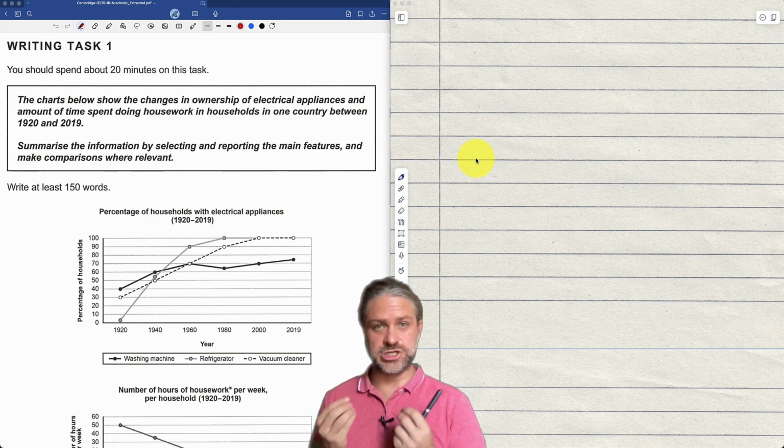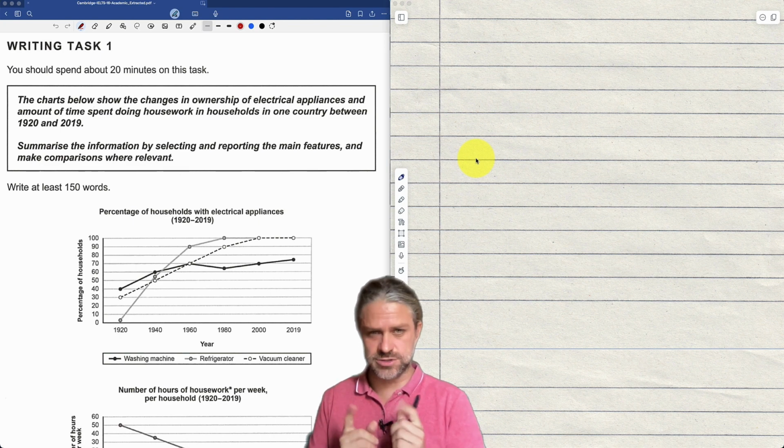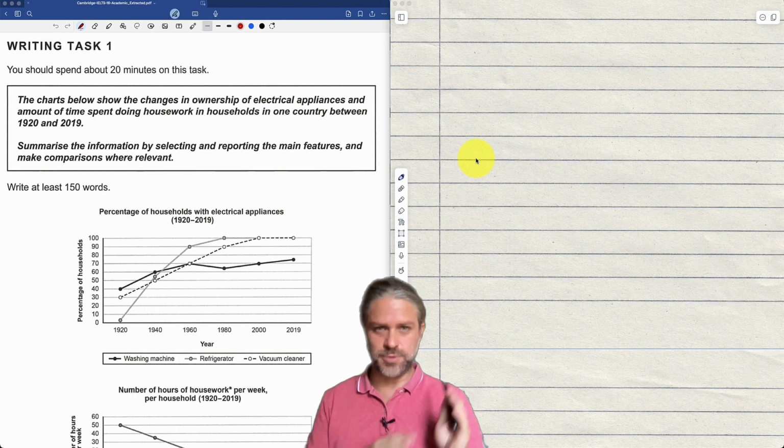So unless you are a general training student, and there are some universities and some university courses that accept IELTS general training as your level of English, then this would not apply to you because you would be doing a letter in your part one. Part two, both of them do essays, but this is academic writing, so most probably it's going to be a graph that comes up in your IELTS.